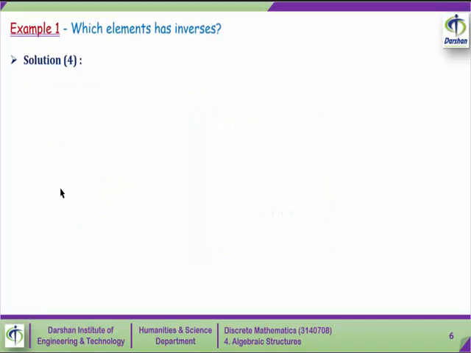Now, fourth question is, which elements have inverses? For that, suppose B is inverse of A. So by definition, A star B is equal to identity element, which is 0. So A star B is 0. By definition, A star B is equal to A plus B plus 2AB, which is 0.